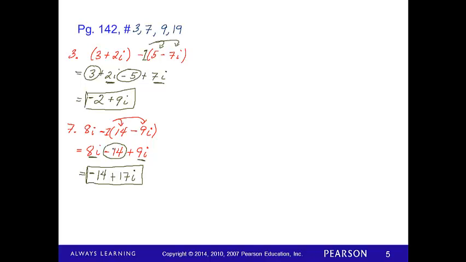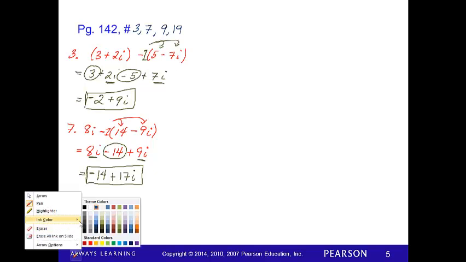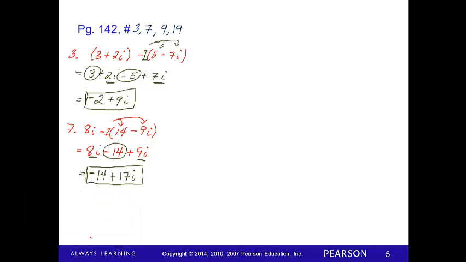So the instructions say, find each product and write the result in standard form. So -3i times the quantity 7i minus 5.